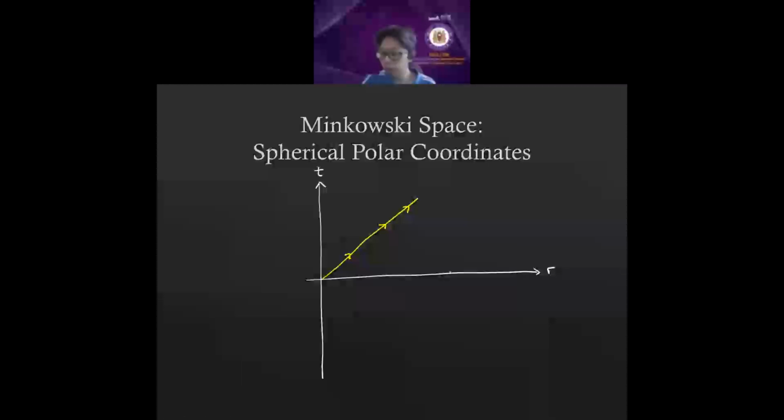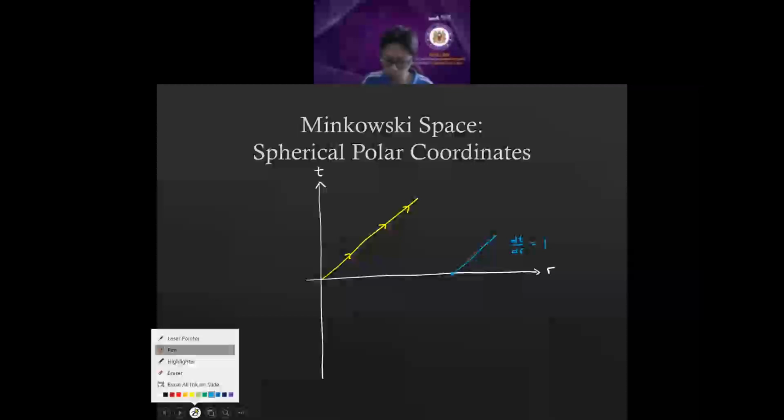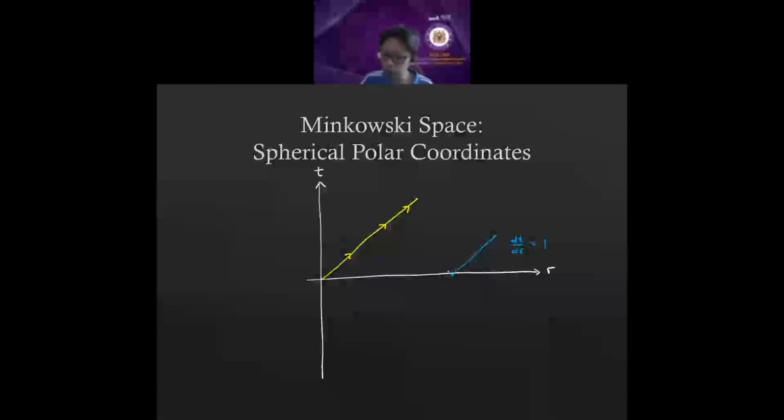If we consider a light that begins at some other point, r is not equal to 0, it can either increase in r, corresponding to dt/dr equals 1, or it can travel in the opposite direction towards a decreasing r, corresponding to dt/dr equals -1.